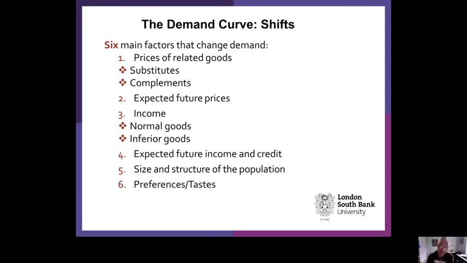Then that has a negative effect on current demand, doesn't it? You think, well, I'll wait till it's cheaper. So again, you just have to get the story straight. There's no reason why you should be any worse at thinking up a story than me. You're just as capable of thinking up a story. But just bear in mind that we're relating it to which way the demand curve shifts. Okay.